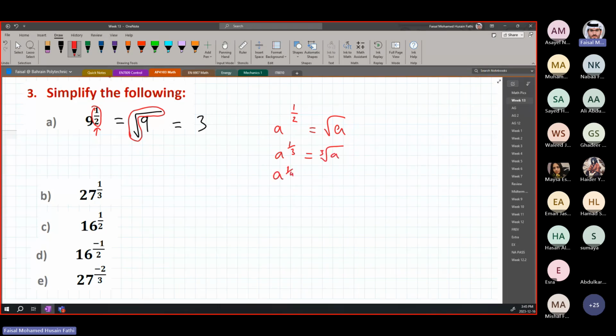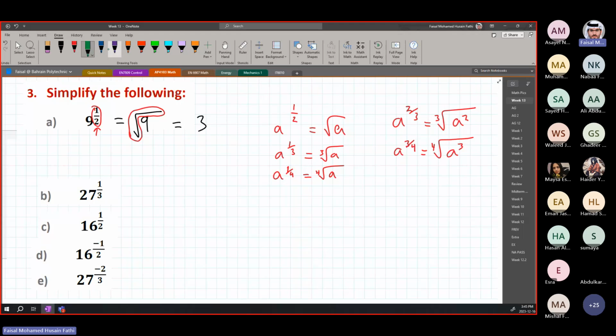A to the power of 1 over 4 is equal to fourth root of a. If we have a to the power of 2 over 3, this is equal to cube root of a squared. If we have a power of 3 over 4, this is equal to fourth root of a to the power of 3. This, with practice, you will get used to.